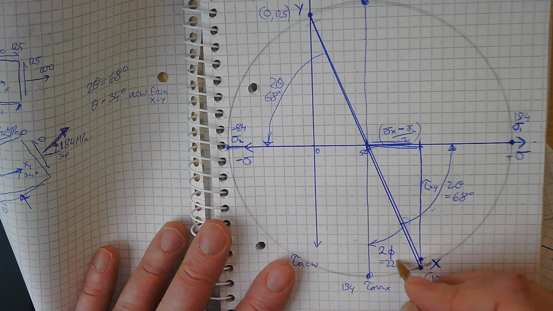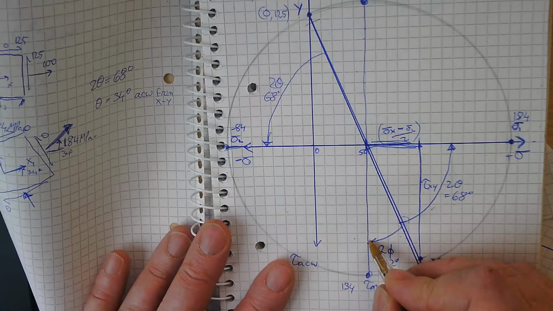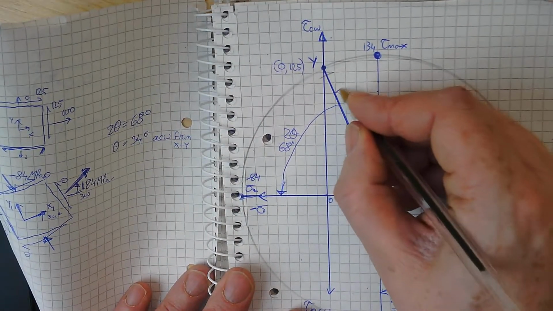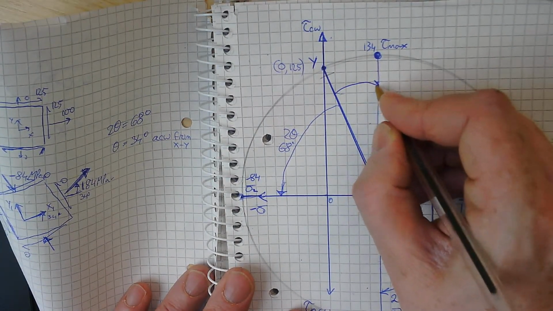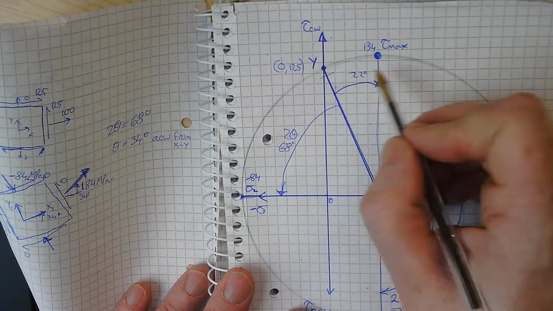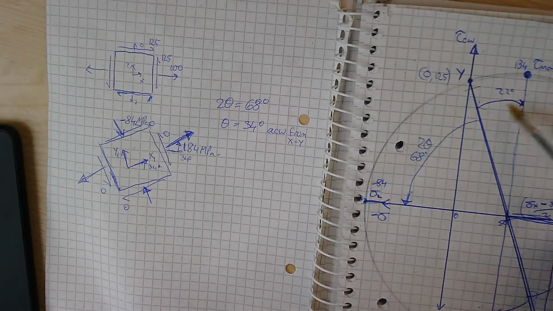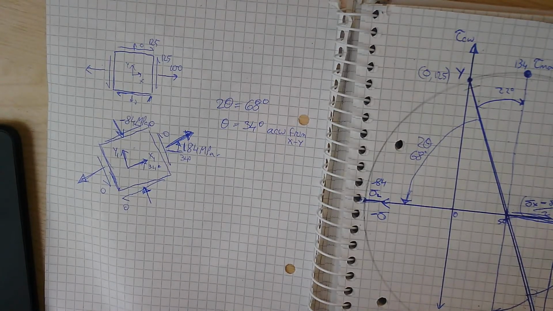And it's 22 degrees clockwise from Y to the maximum clockwise shear. Right? So if that's 22 degrees there, it's 11 degrees in the real world. So phi would be 11.